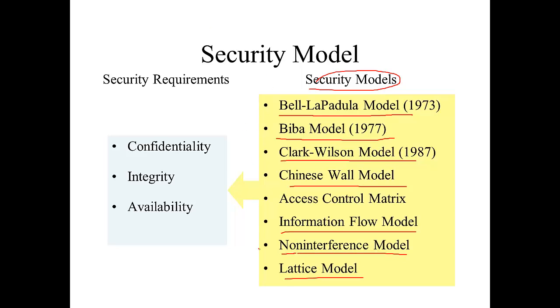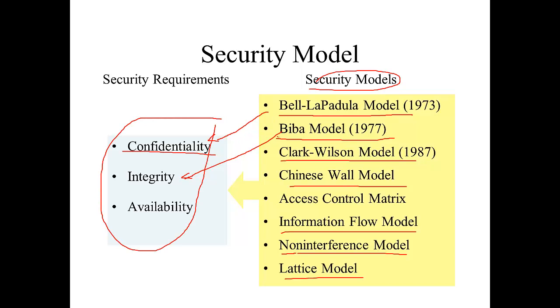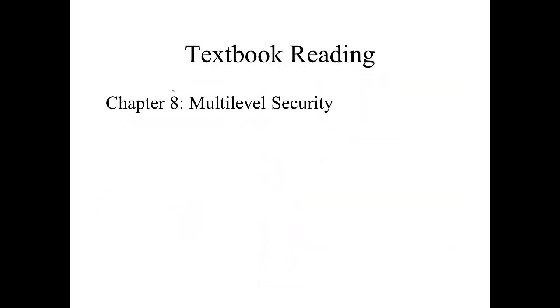Some of these models are used to realize confidentiality, some to realize integrity, and some to realize availability. So depending on your aim, you will adopt a different model. For textbook reading, you just go to chapter 8. Okay?